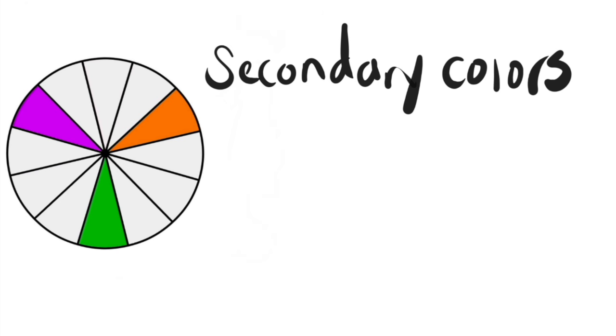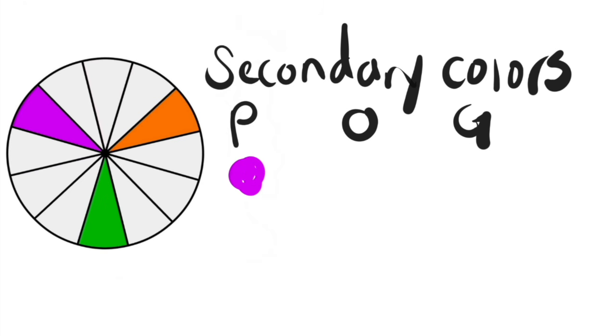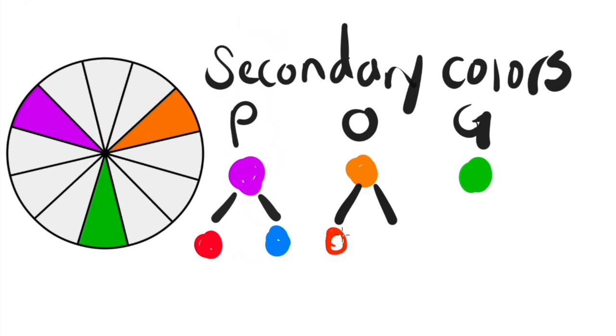They are purple, orange, and green. Purple can be made by mixing red and blue. Orange can be made by mixing red and yellow. And green can be made by mixing yellow and blue.